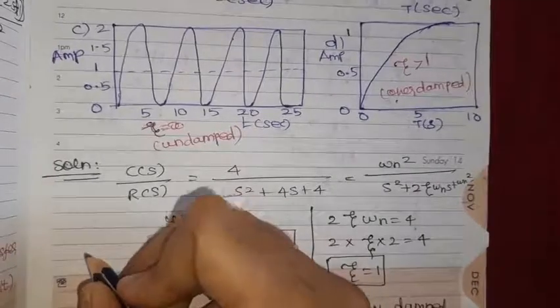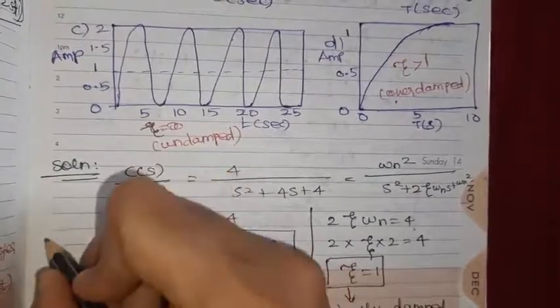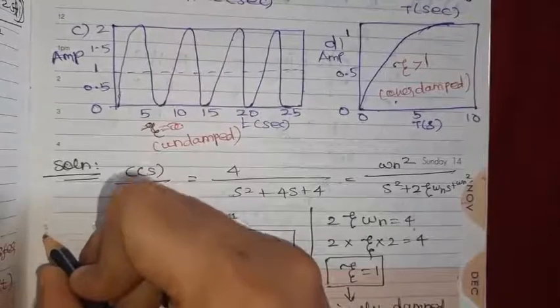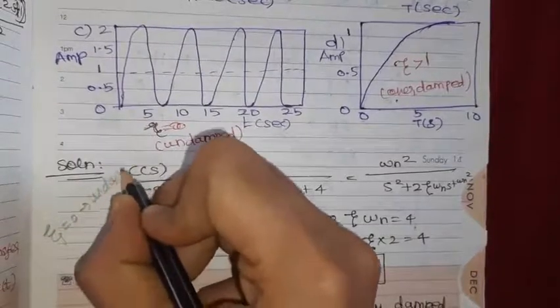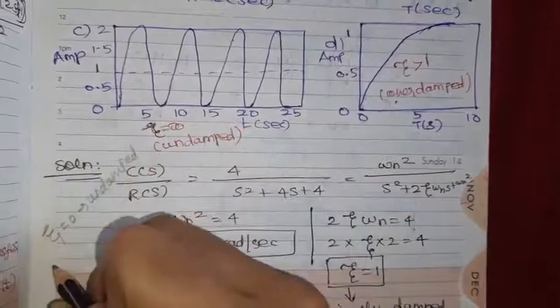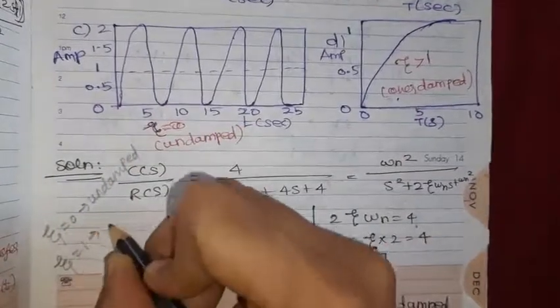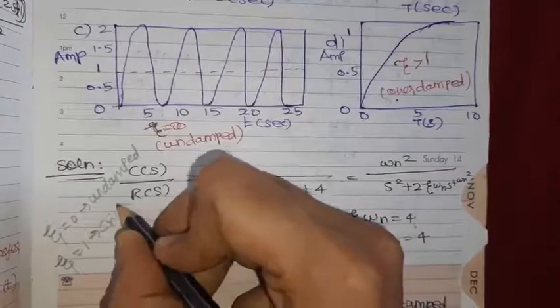So before that we should know the damping condition for different zeta value. So zeta value is 0 means it is undamped. Zeta value is 1 means it is critically damped.